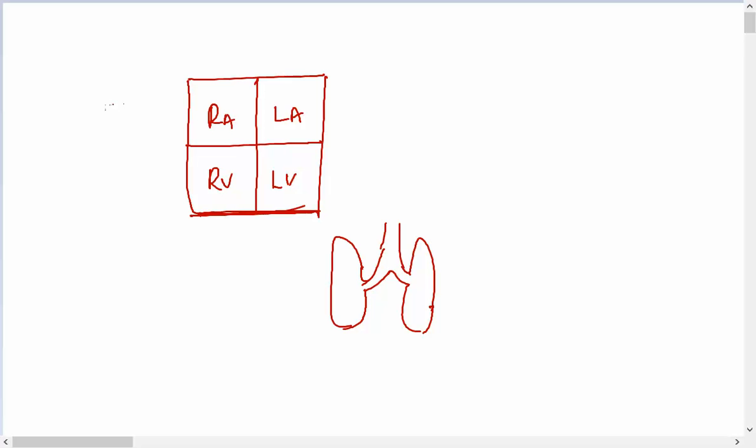From the venous side the blood enters the right atrium, then it goes to the right ventricle, then it goes to the pulmonary artery.